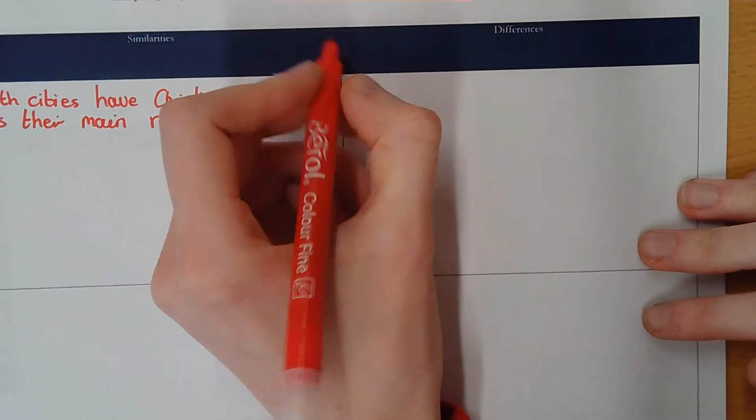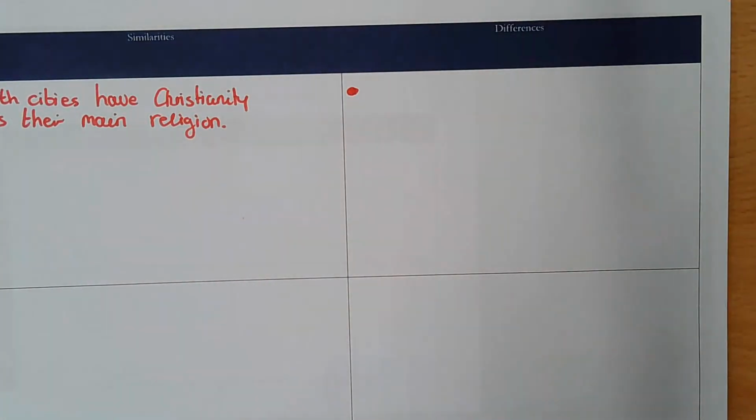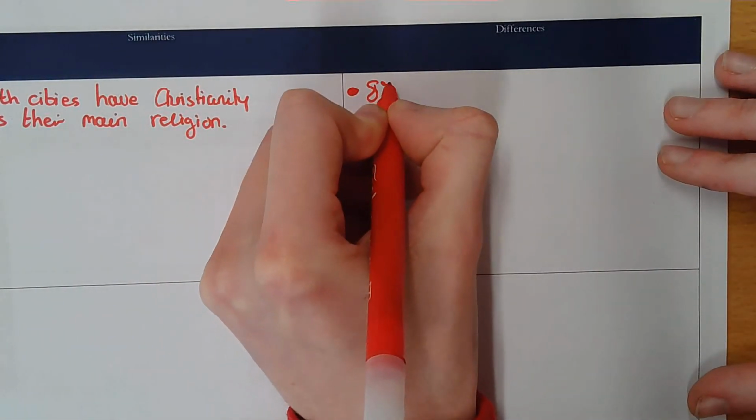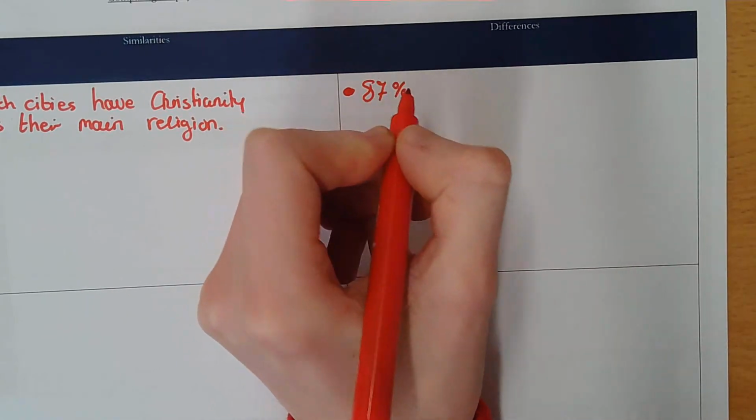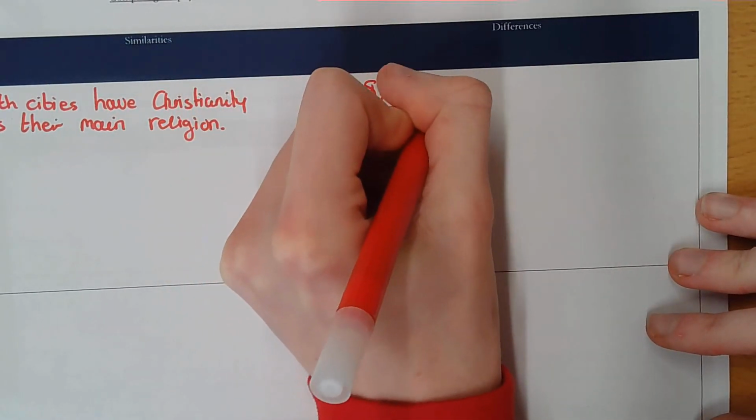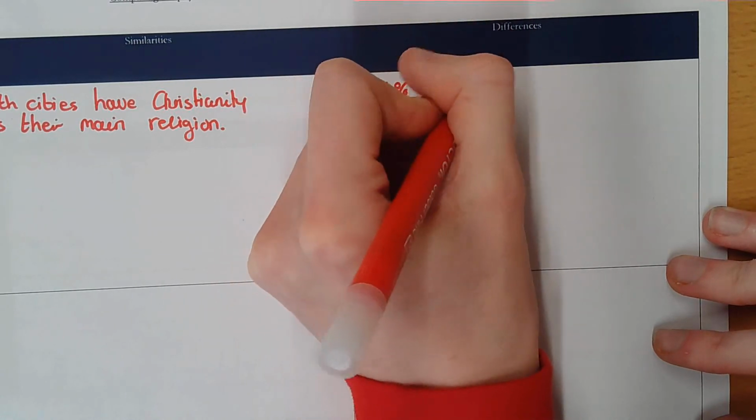Sticking with human geography, I'm going to look at a difference. Okay, I know that French is the main language in Paris, but if I look at my fact file for London, I see that less than 92% of people speak English as their main language. There's a difference. So despite English being the main language of England, less than 92% of people speak it as their first language in London.